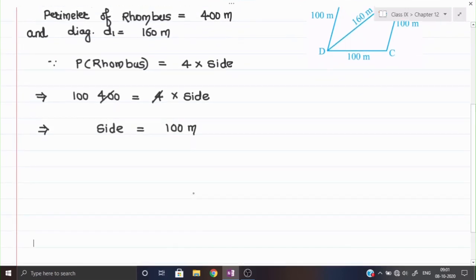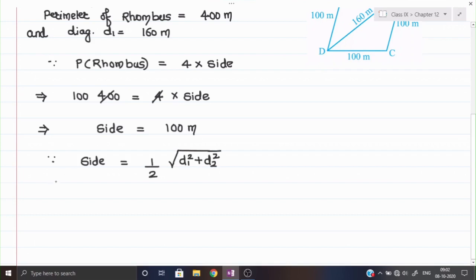Now we will apply one formula here. The side will be equal to 1 upon 2 into under root of d1 square plus d2 square. I think I have given this formula to you earlier.